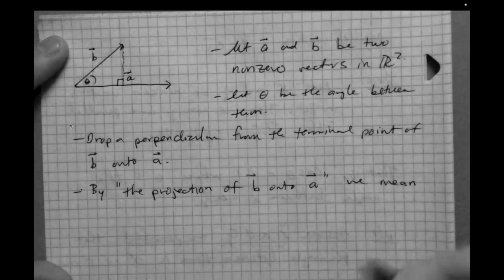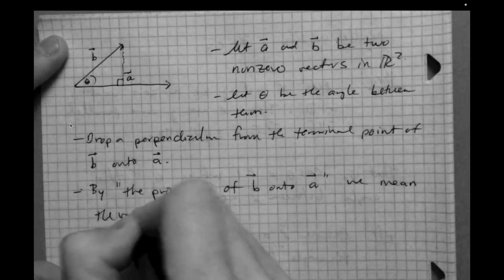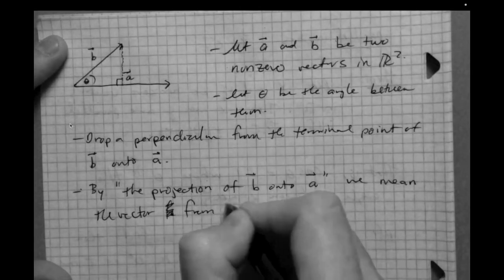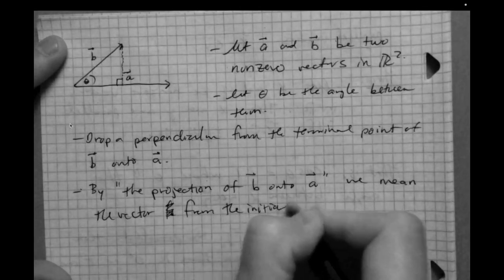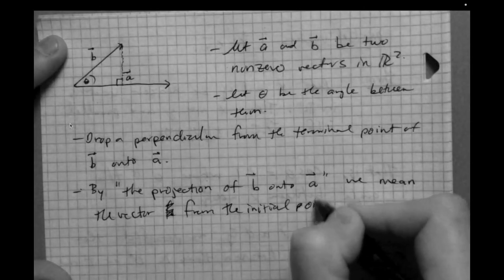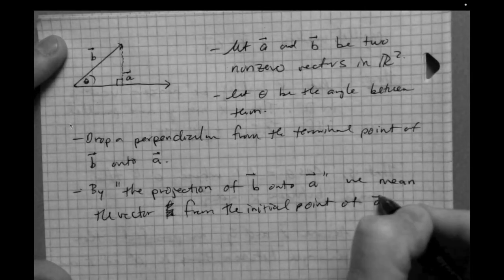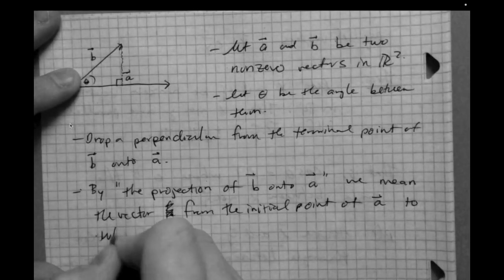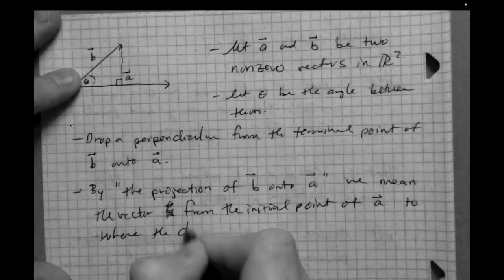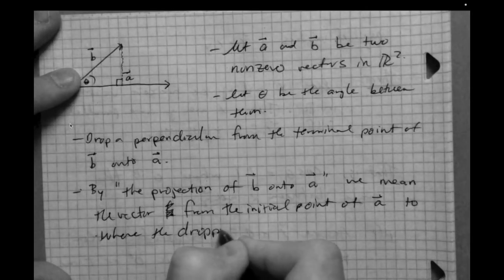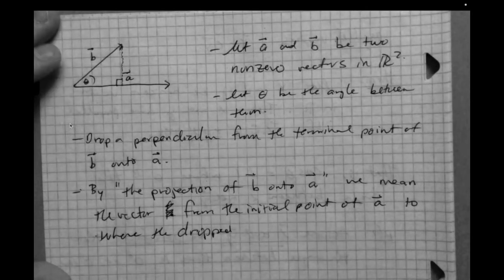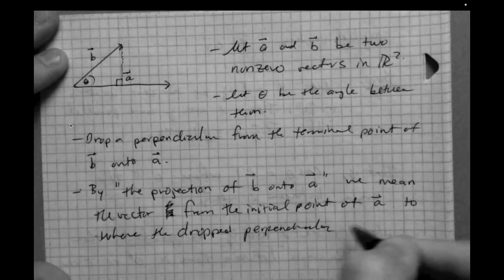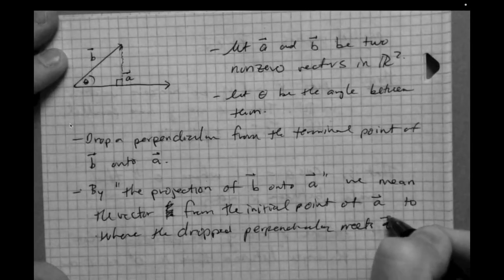Well, we mean the vector from the initial point of A to where the dropped perpendicular meets A. Okay, so what do we mean?